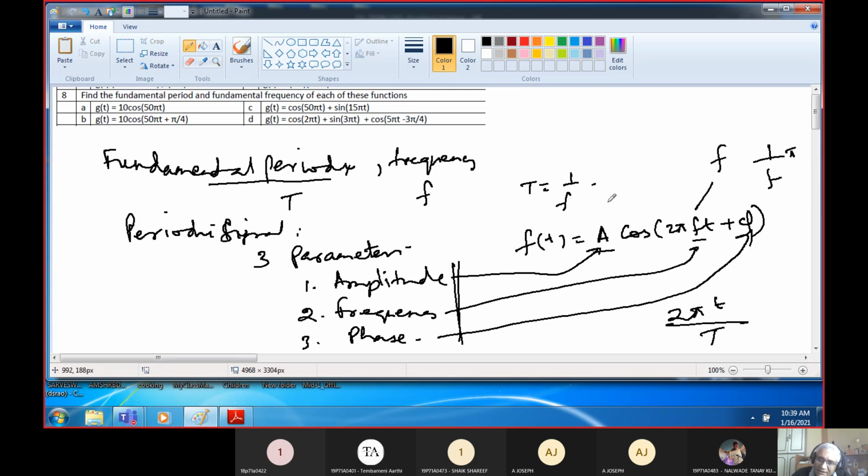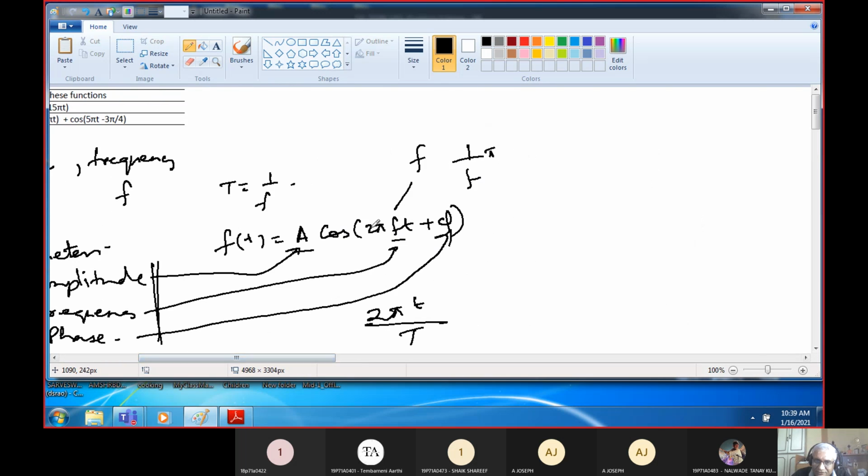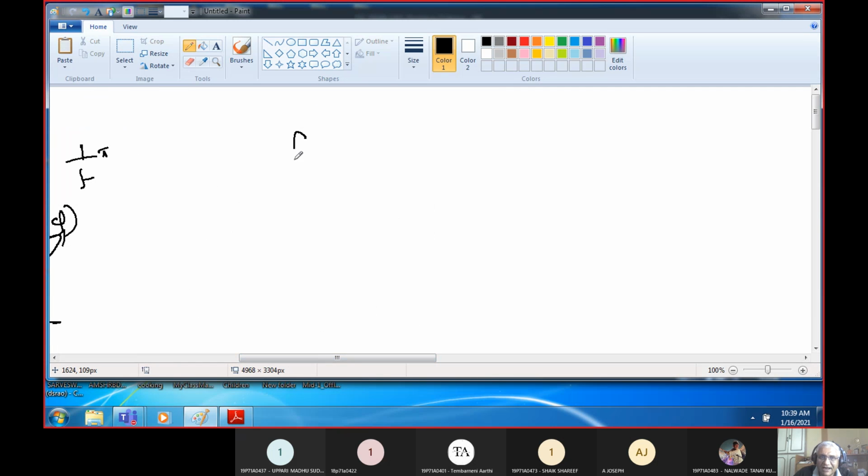Now, but it is not necessary that a signal is composed of a single periodic cosine or sine. Sometimes what happens is we will have a function like this.